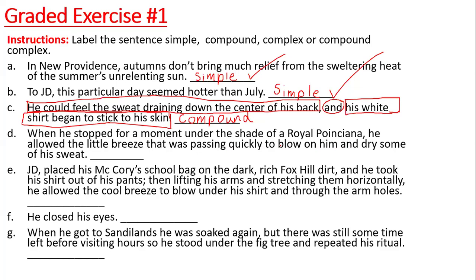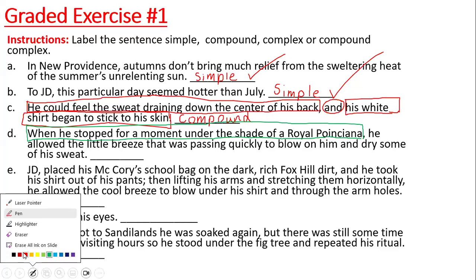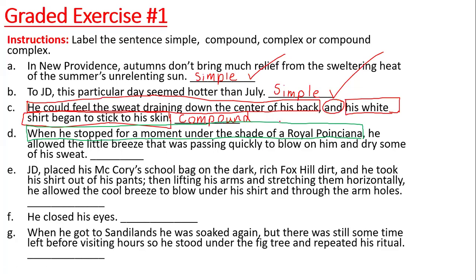When he stopped for a moment under the shade of the Poinciana, that's a what? That is a dependent clause, because that's not a complete sentence. And then he allowed the little breeze that was passing by to blow on him and dry some of his sweat.